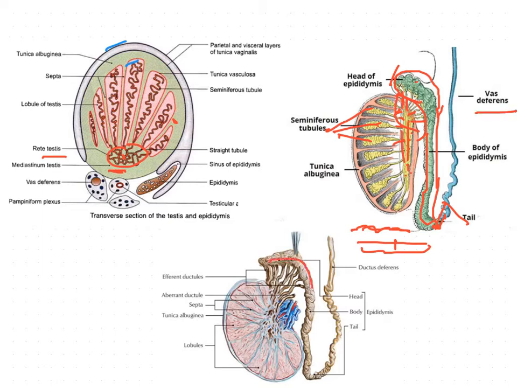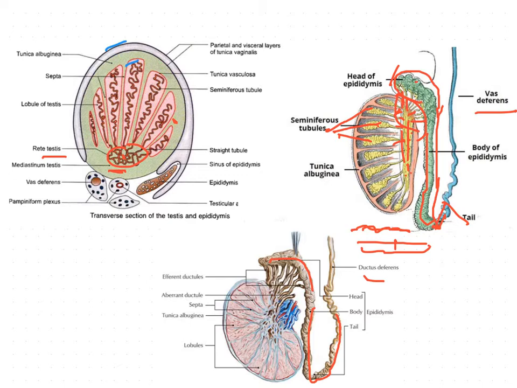So this is the highly coiled structure and the single body and tail, continued as the ductus deferens or vas deferens. This is the structure of the testis.